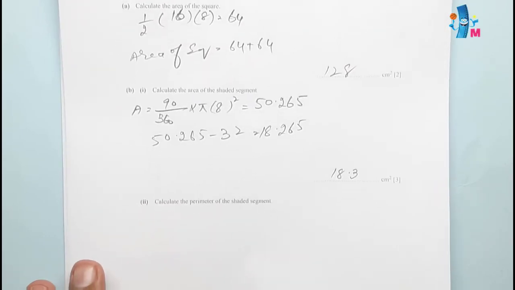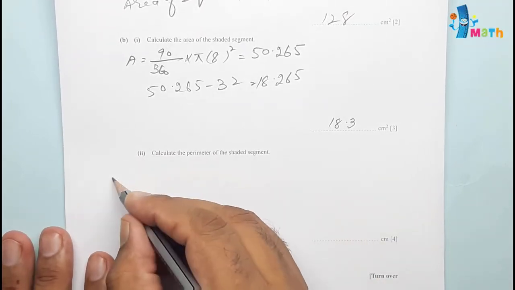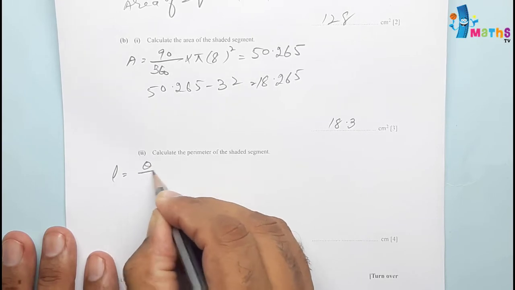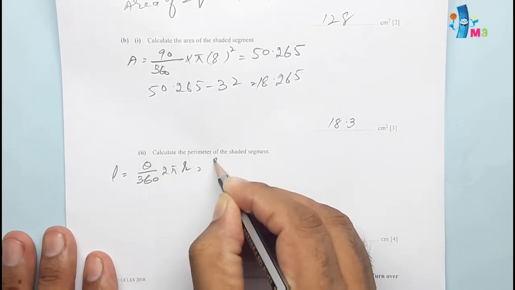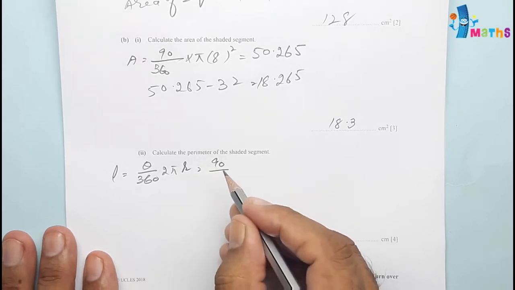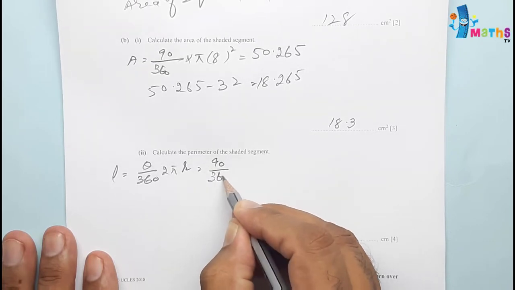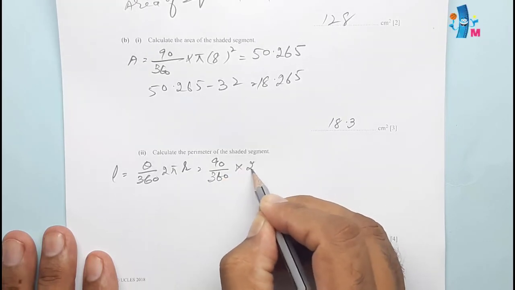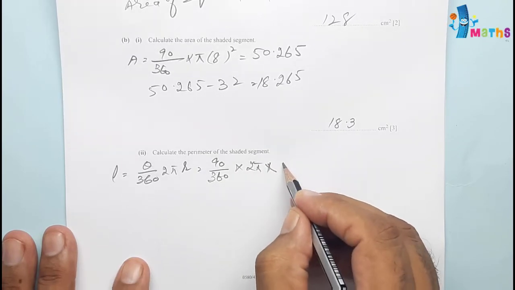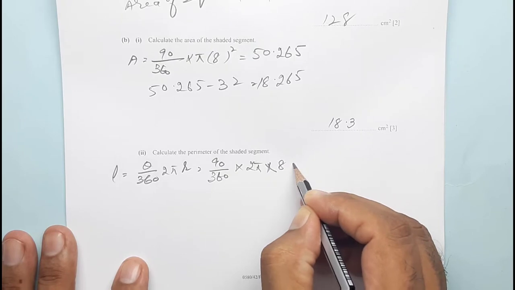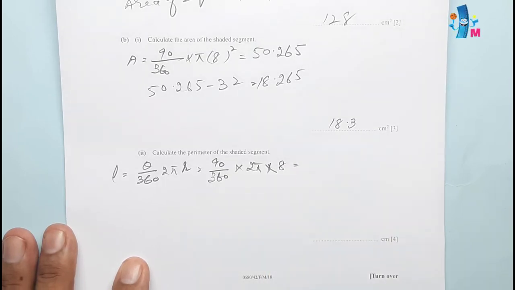So for the perimeter of the shaded segment, we will apply the length formula. L is equal to theta over 360 into 2 pi r. Theta is 90 degrees, so 90 over 360 into 2 pi, and r is 8.